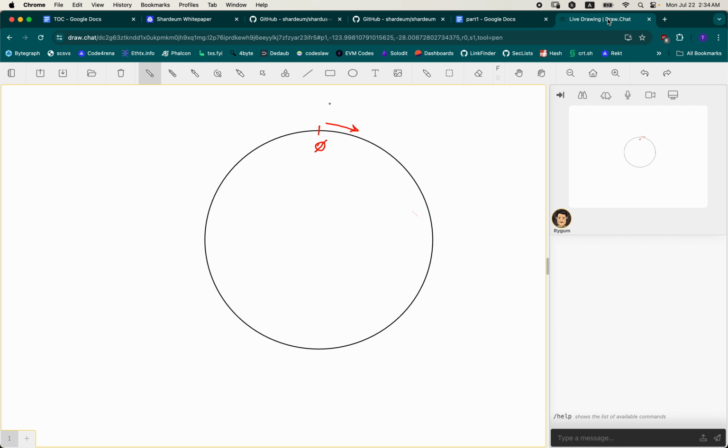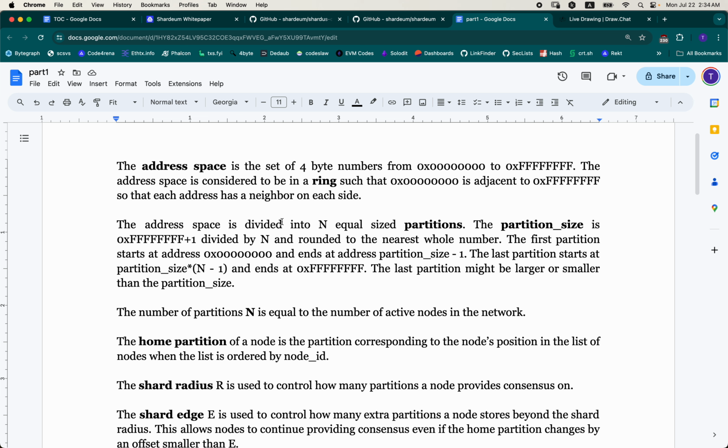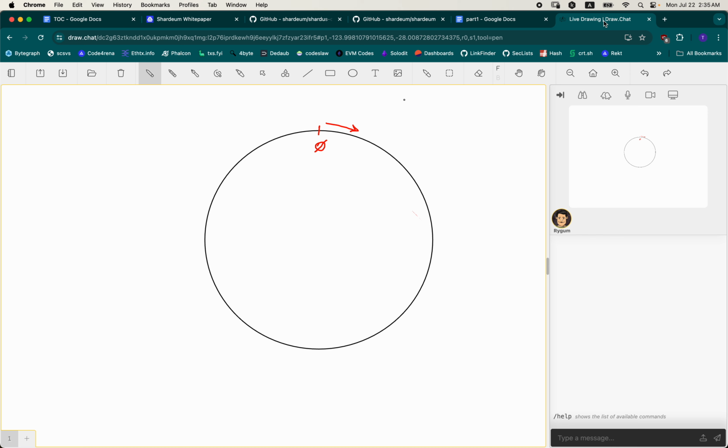The whole address space is split into partitions. The address space is divided into n equal sized partitions. The partition size is the space divided by n, rounded to the nearest whole number. The number of partitions is equal to the number of active nodes in the network. So if we have 100 active nodes in the network, we will have 100 partitions.